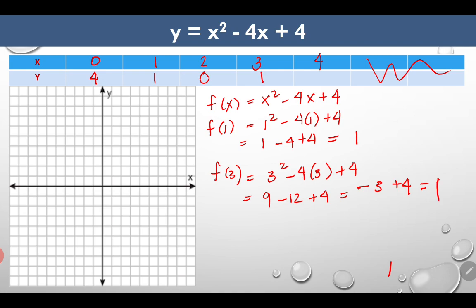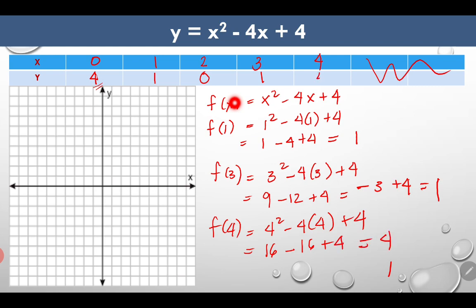Okay, so ano sa tingin nyo sagot sa dulo? Sa if x is equals to 4. So sa tingin natin, dapat 4 siya kasi dapat parehas dito. So let us see, f of 4 is equals to 4 squared minus 4 times 4 plus 4. So 4 squared ay 16. Negative 4 times 4 is negative 16. Plus 4. 16 minus 16 is 0. Plus 4 is equals to 4. So tama nga siya, 4.